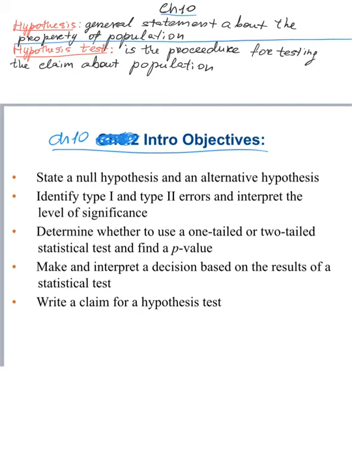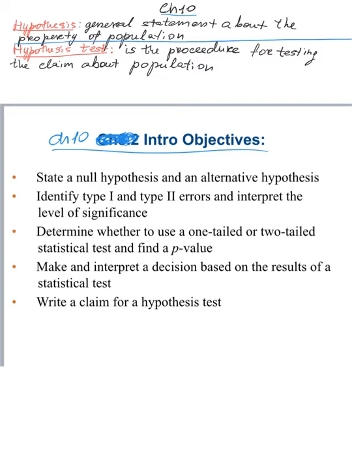So think about a general statement about the population mean, or a general statement about the population proportion. Of course, it could go further. Somebody can make a general statement about standard deviation or variance, but we are not really interested in those in this class.